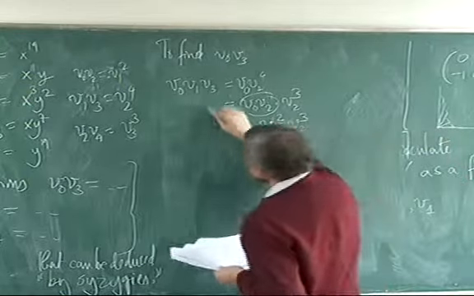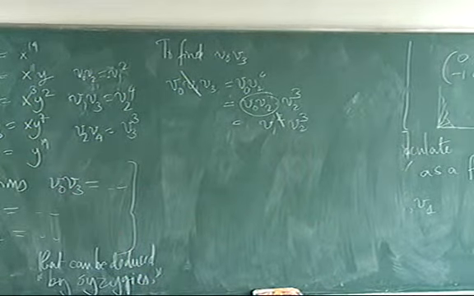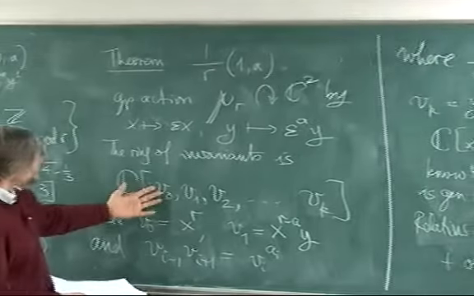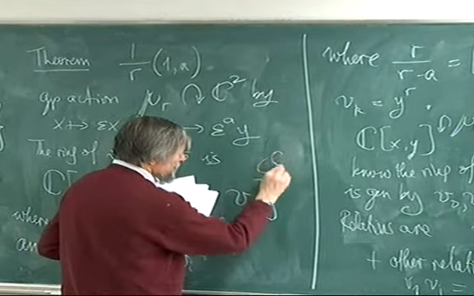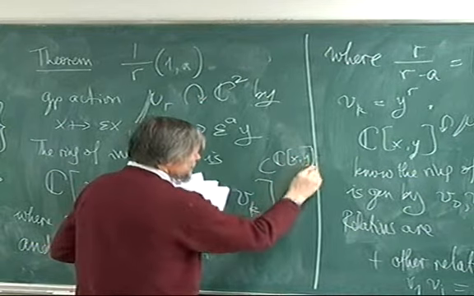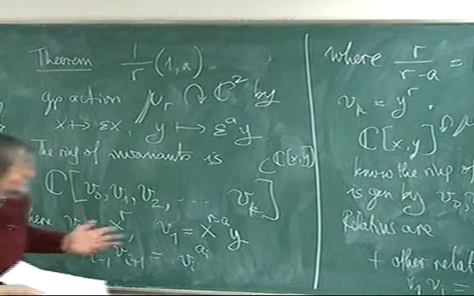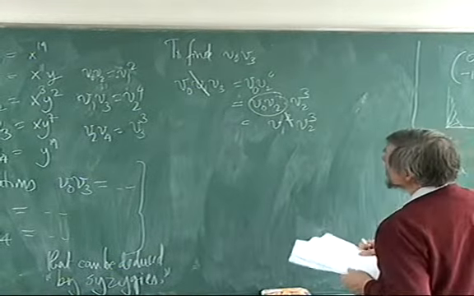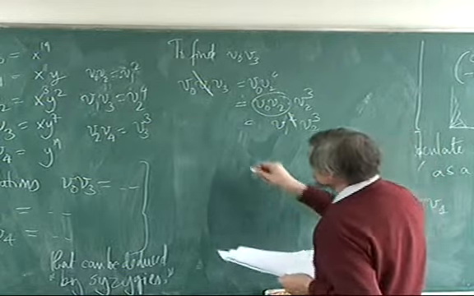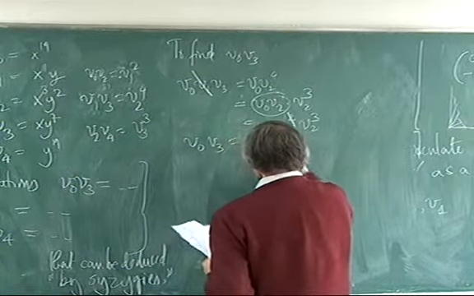And I can cancel V1. Why am I allowed to cancel V1? Everything here is taking place inside the polynomial ring in x and y, and the polynomial ring in x and y is an integral domain. So the element V1 is not a zero divisor. Then this gives the relation V0 V3 equals V1 V2 cubed.